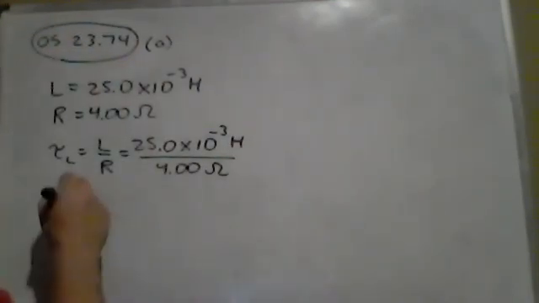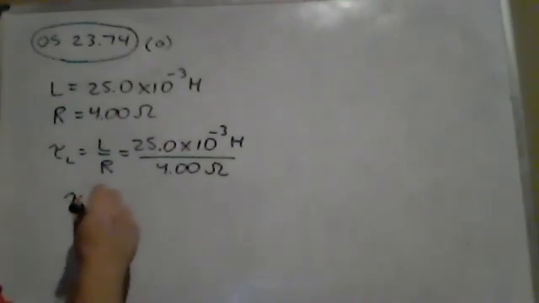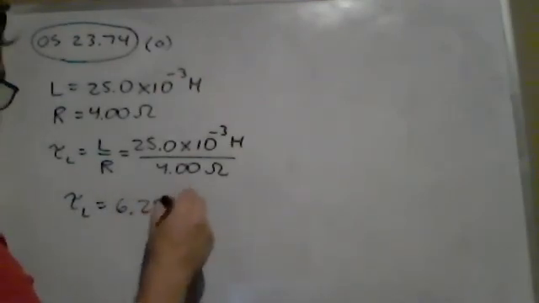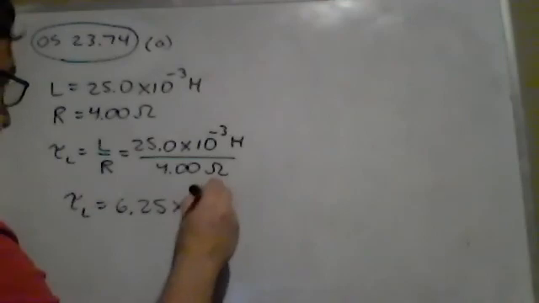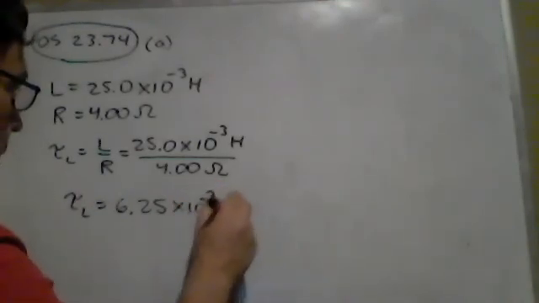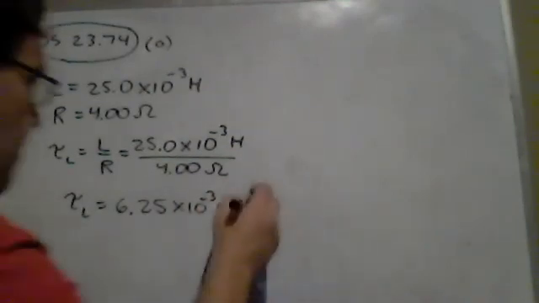We find out that the time constant is very small, 6.25 times 10 to the negative 3 seconds, which is 6.25 milliseconds.